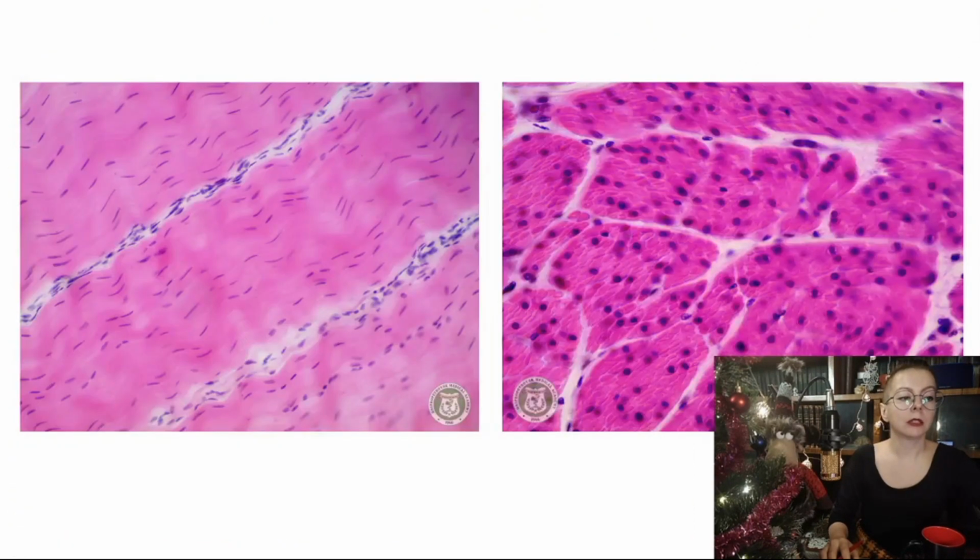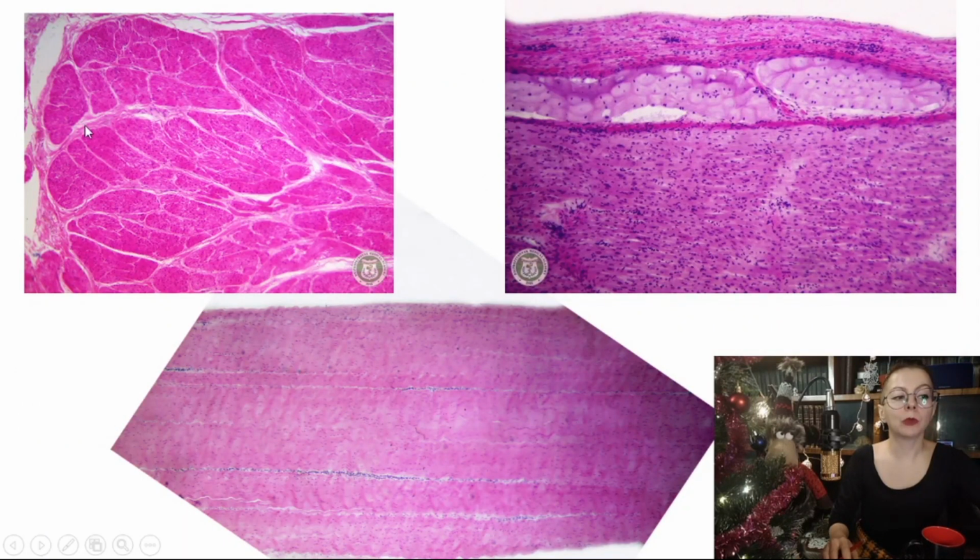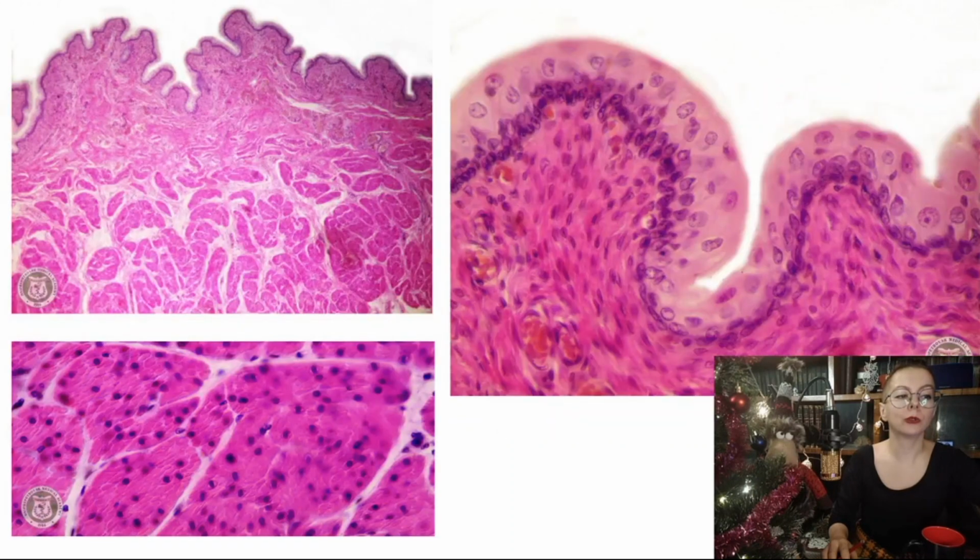In the specimen with smooth muscle tissue, usually the urinary bladder, you will see transitional epithelium on the surface. If you look at the top and see this wavy line, and in high magnification transitional epithelium, this is the smooth muscle and the urinary bladder.